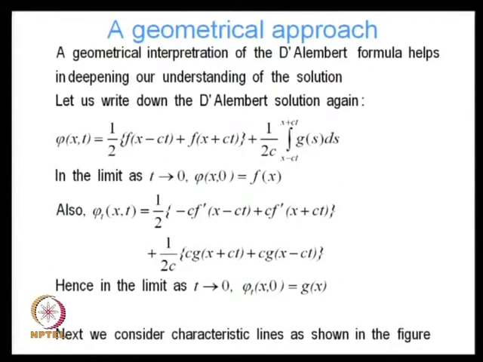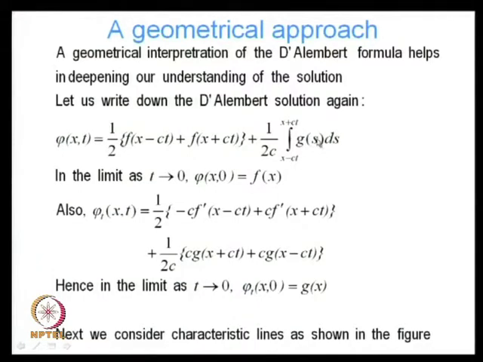Also, if I take the derivative of the D'Alembert solution with respect to time, I get half of minus c f prime of x minus c t plus c f prime of x plus c t, which at t equal to 0 is going to cancel out, giving me 0.